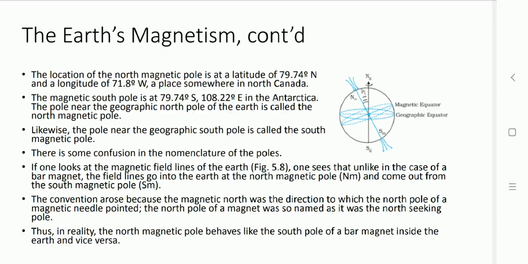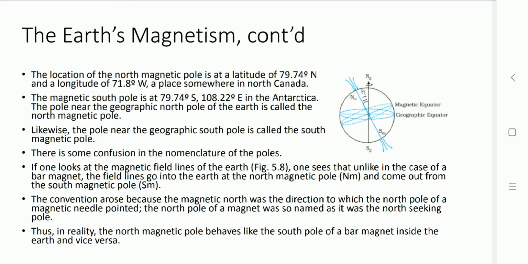And the south pole is located at the bottom side at 79.74 degrees south and 108.22 degrees east, in Antarctica. The pole near the geographic north pole is known as the magnetic north pole, and the pole near the geographic south pole is the south magnetic pole.